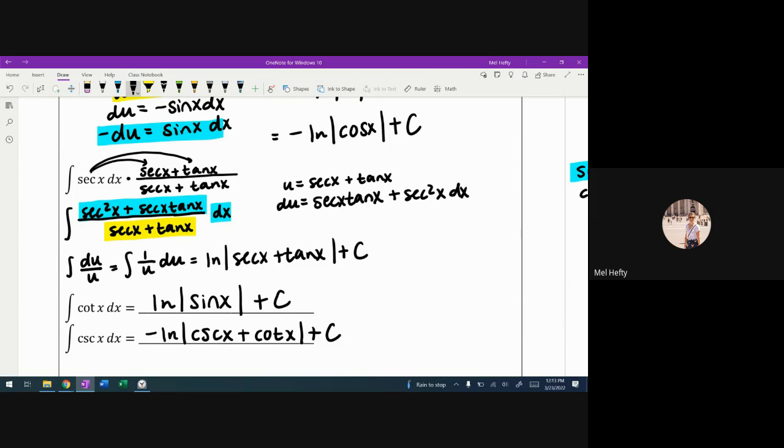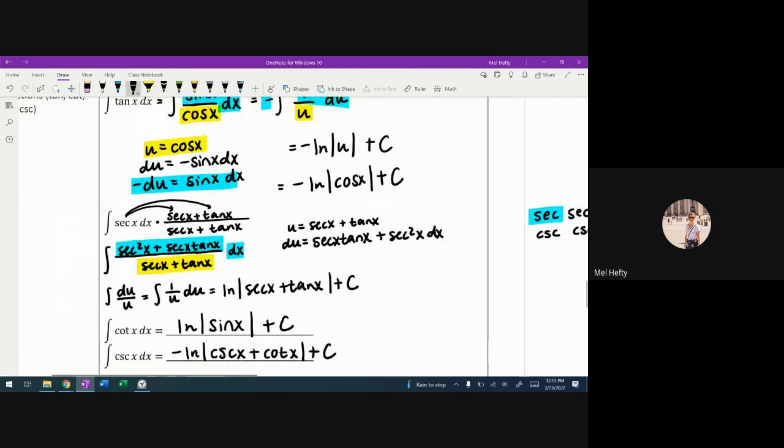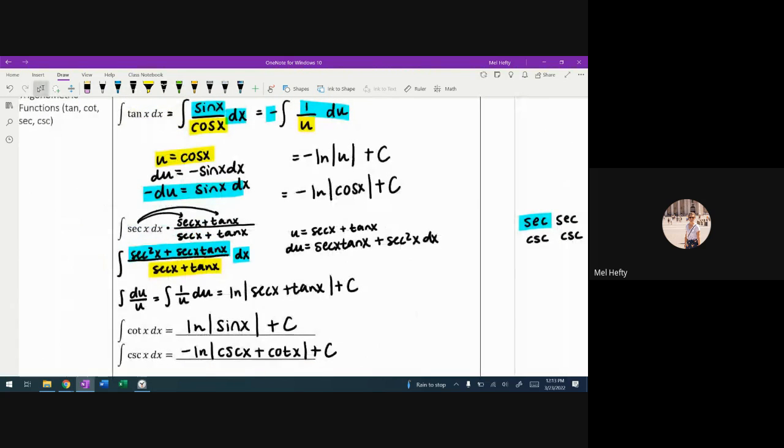I would say if you're going to know any of these four, the tangent and the cotangent can be clearer in your brain. The likelihood of you seeing secant or cosecant on an actual assessment, even my test, is pretty small. I think I put one in the problem set just for practice. But if I put one for the test, I'm going to almost guarantee it would be tangent or cotangent, if that.